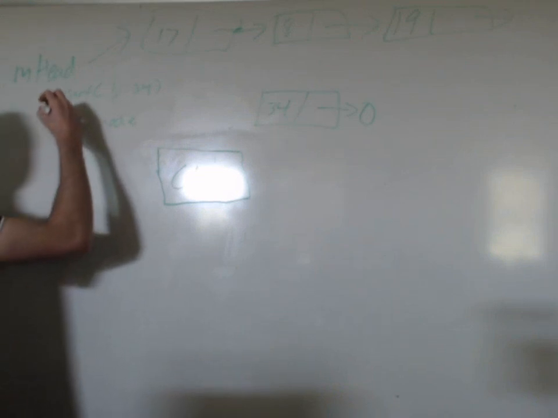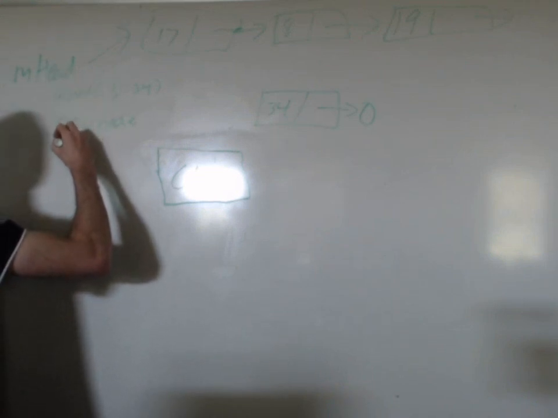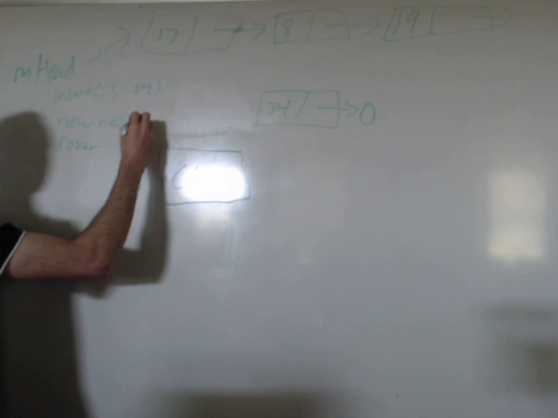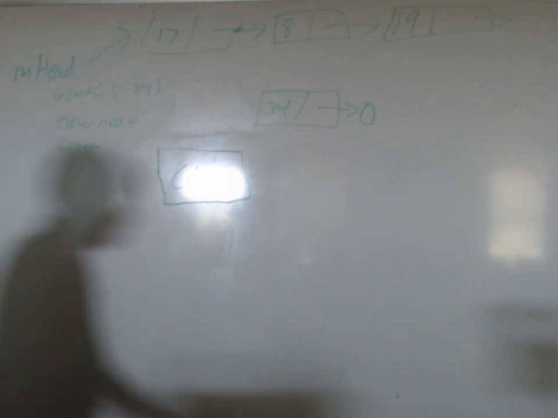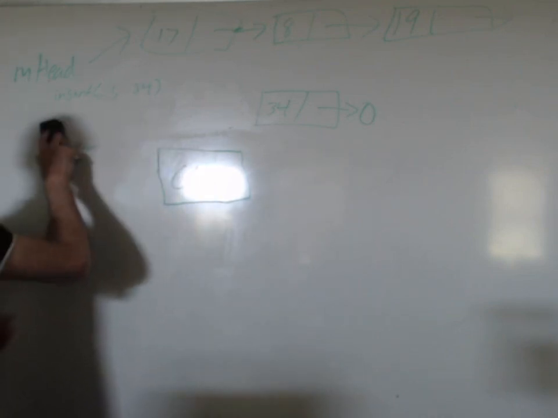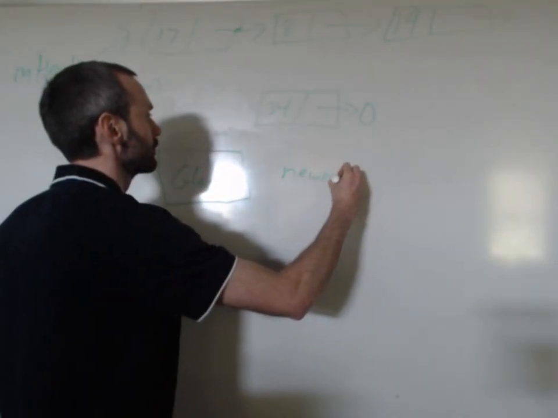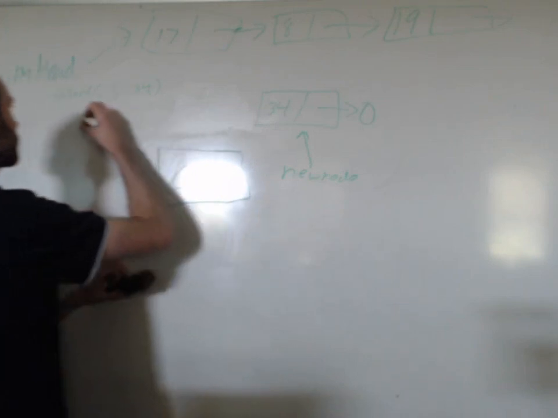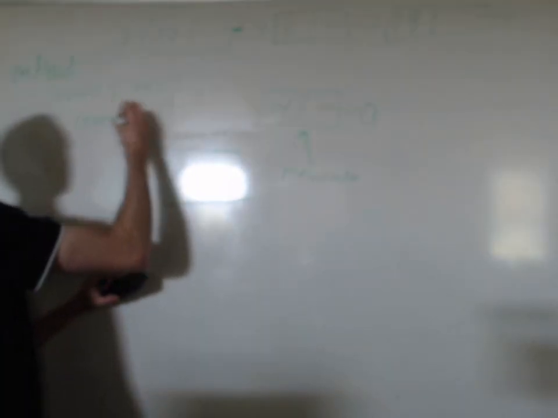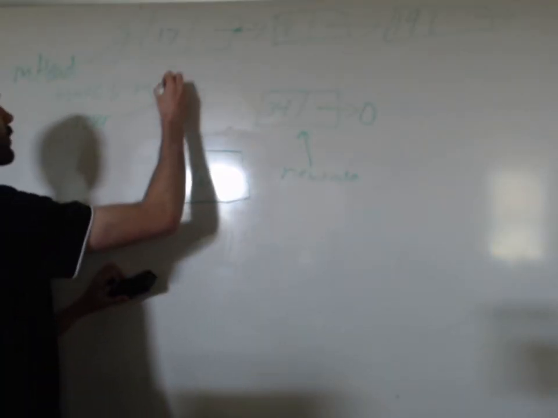When we execute rover, let me move new node somewhere else so it doesn't get in the way. So new node's right there. Rover we're going to have started at head.